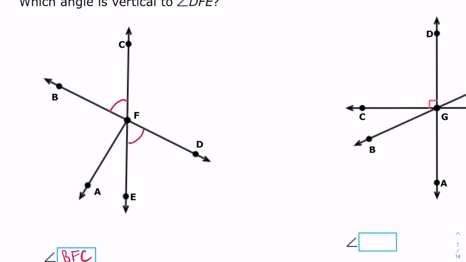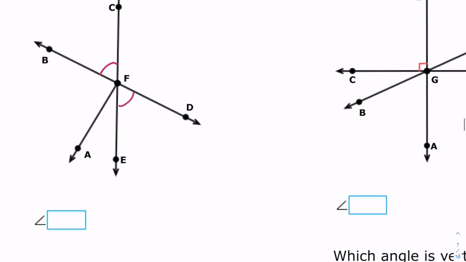Now we can change the order of that. If I wanted to do CFB, I could as well. Either order would work. So BFC is a good order, or it could have been CFB.